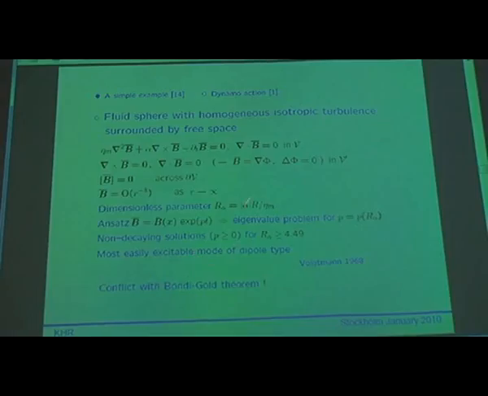I forgot to mention R is the radius of the sphere. You see that non-decaying solutions exist as soon as R alpha exceeds a certain value, 4.49, which is just a zero of a function. And the most easily excitable mode is the dipole.